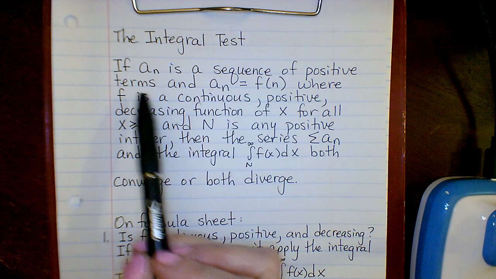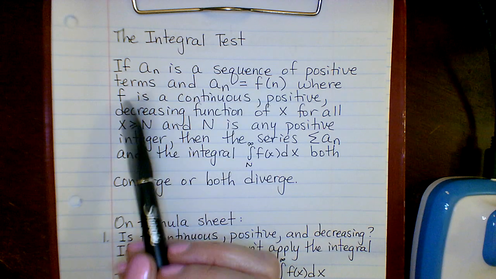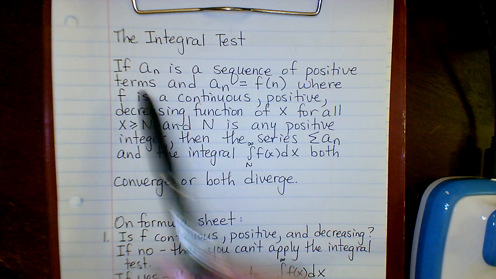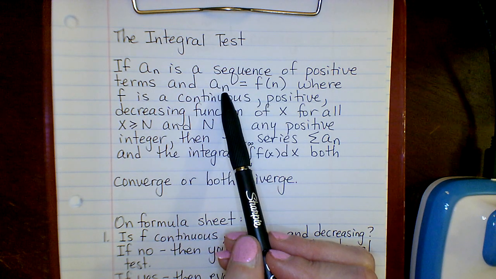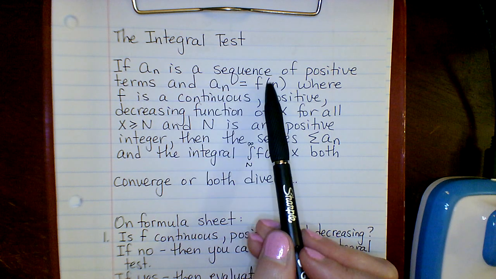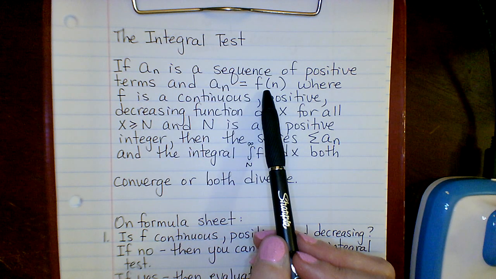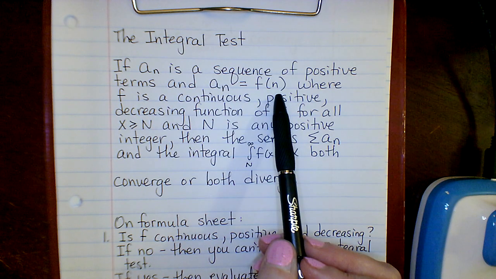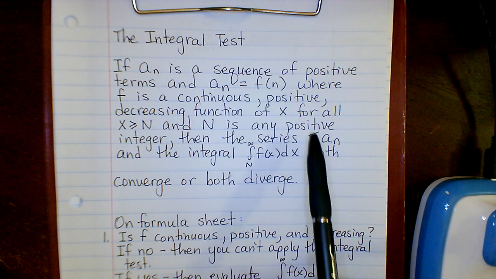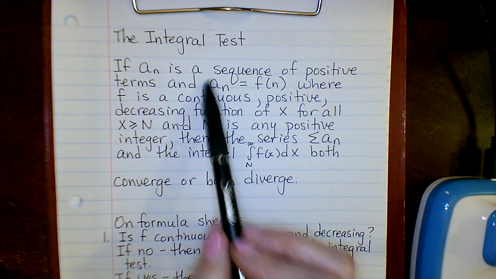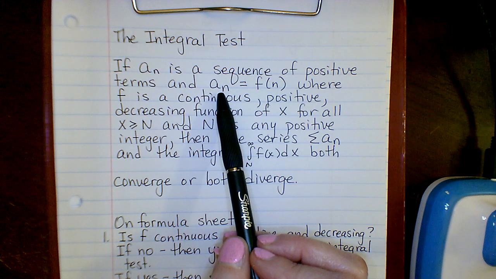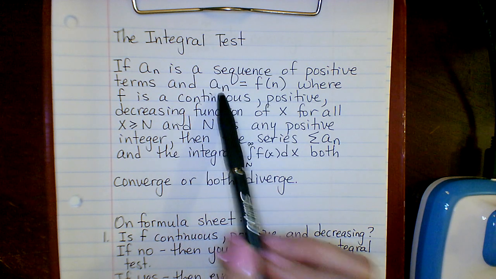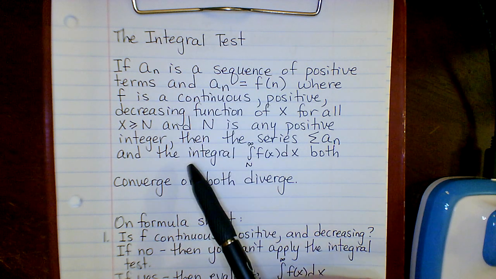So let's say that a sub n is a sequence of positive terms, and each one of these a sub n's in the sequence is equal to the function value at n. The function would have more in-between values, so it'd be nice and continuous. The sequence itself would be sort of smaller than the function.